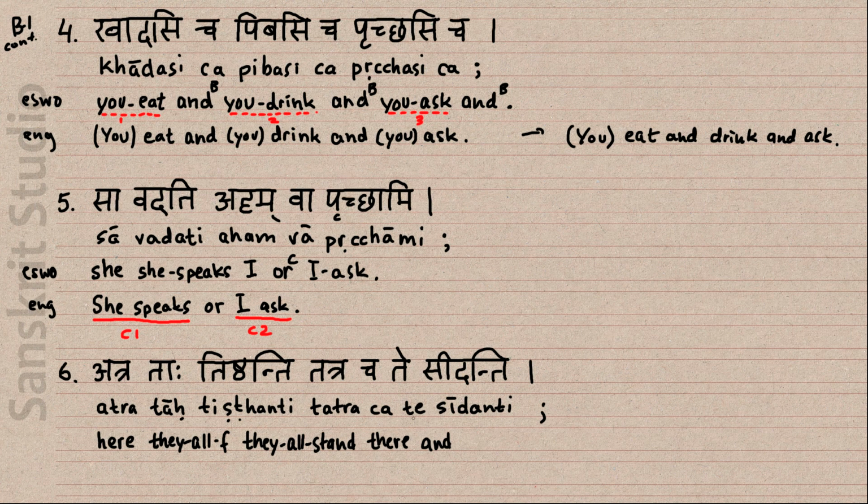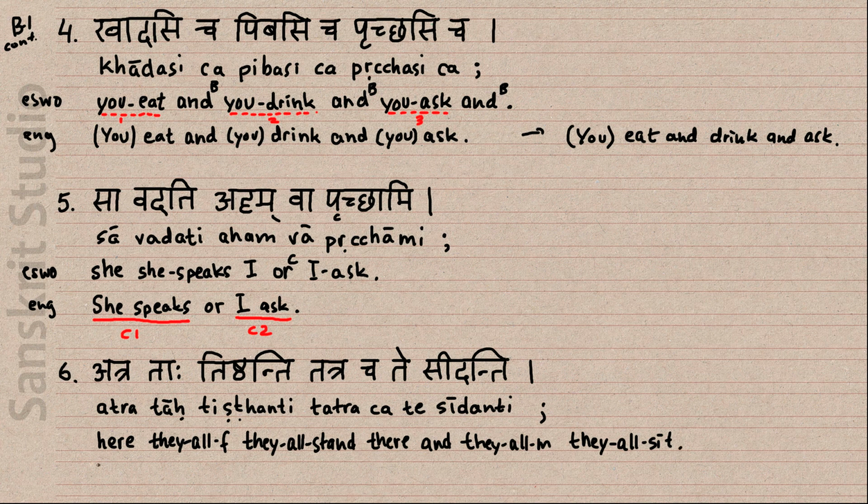This could be different things here. It could be dual or plural, and it could be other things as well. But we have to look at the verb here, sidanti. So it is plural, and therefore it is masculine. So they all sit. They are sitting, all of them.